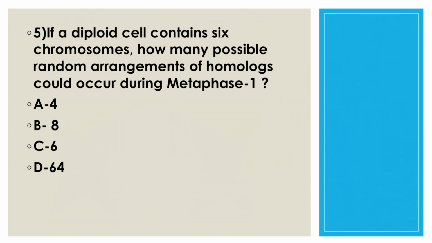The metaphase 1 arrangement also increases the chances of variability in individuals. It's a very important concept you should always remember, and you can understand it more when you study meiosis and mitosis separately and the difference between them.